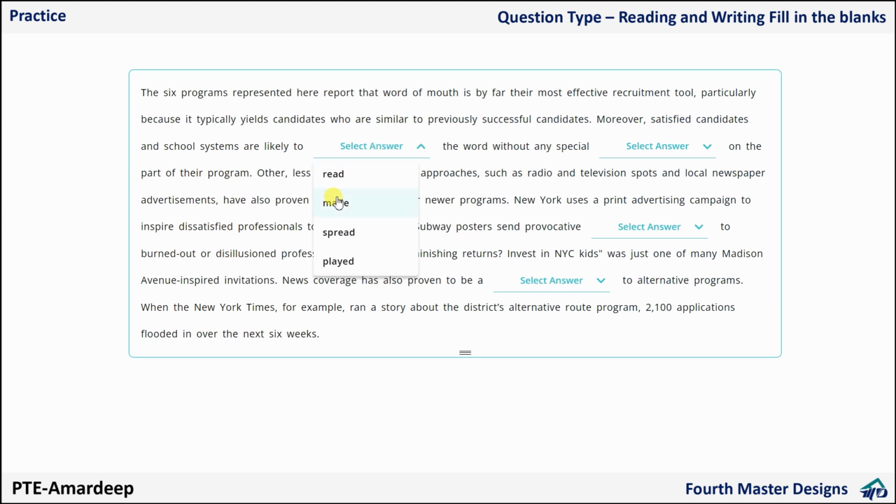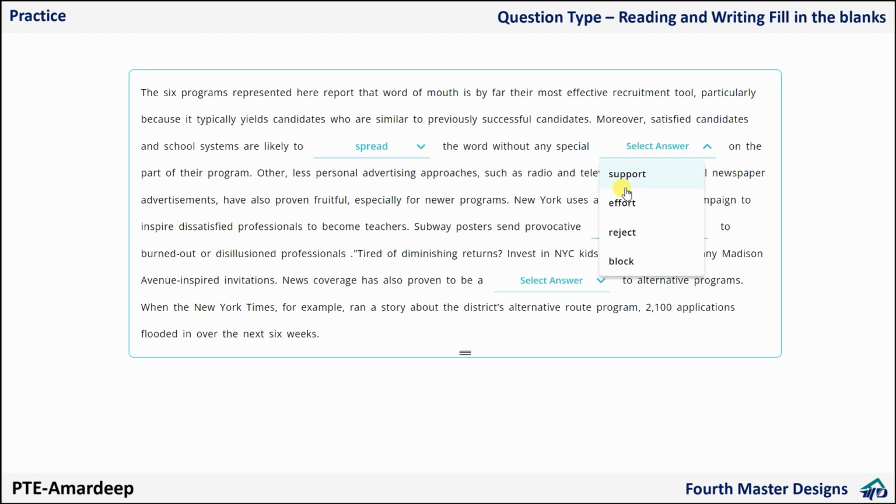They are likely to spread the word without any special dash. Special sport, effort, reject, block. Special effort, maybe. Special reject doesn't make sense. Special block, no. Without any special effort.